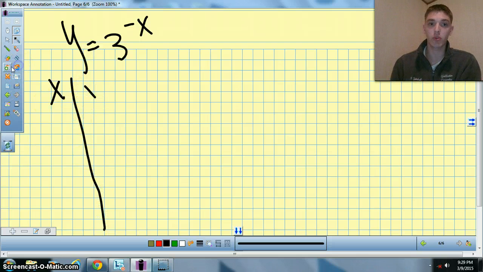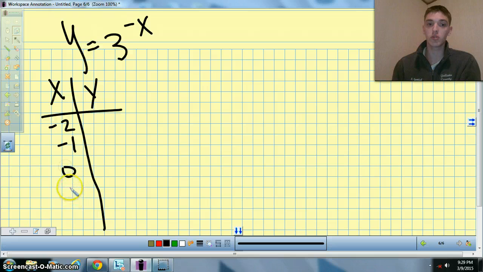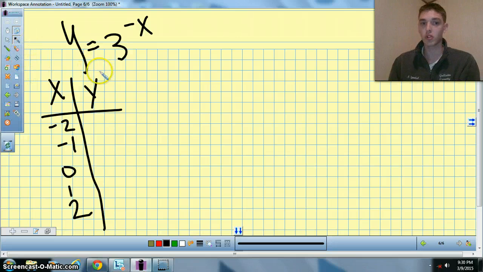Plug in negative 2, negative 1, 0, 1, 2. So these would be just good values to plug in, just to use every time, so we can see what's going on there around the y-axis.